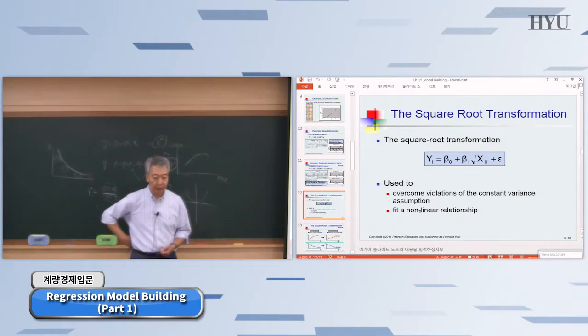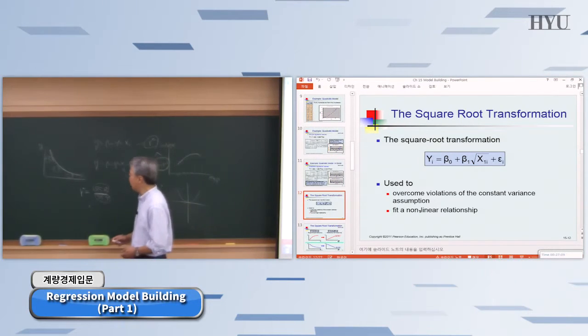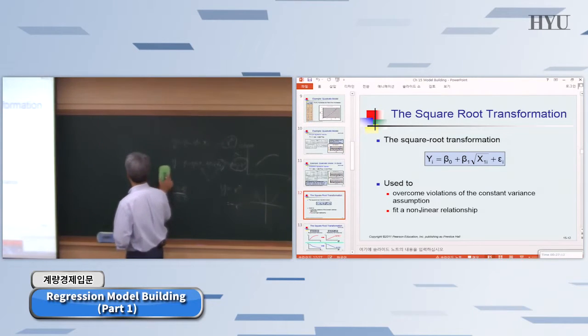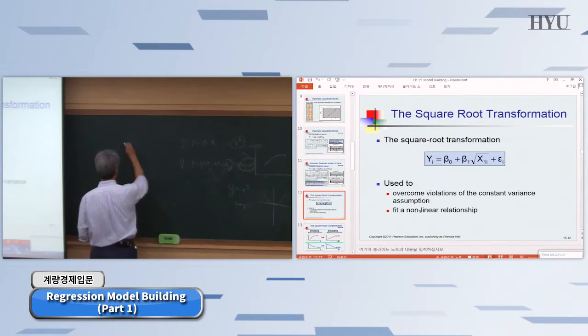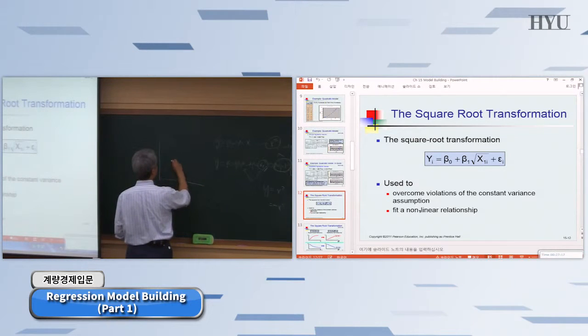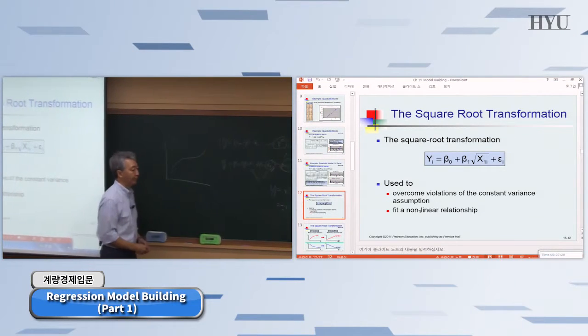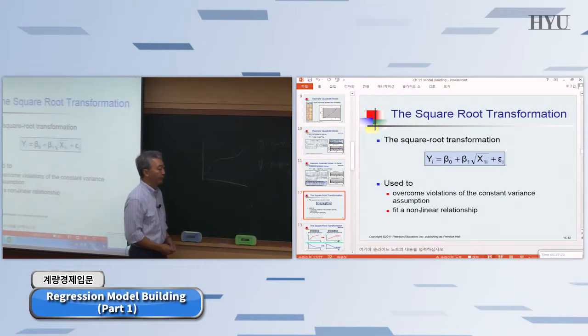But actually there can be all kinds of transformation. What about, for some reason, you suspect the relationship goes like this. Does it remind you of any curve that you learned in economics? Have you seen any kind of curve looking like this?